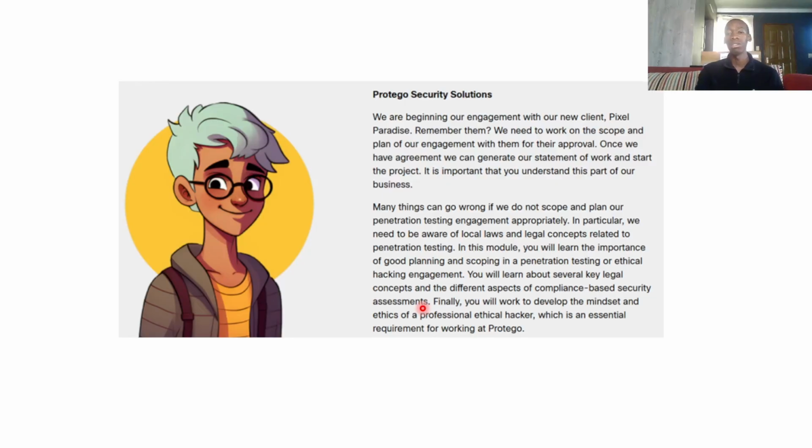So these are the things we've learned in chapter 3. I did mention previously that I've skipped the methodologies. We are here. But yes, we are moving on to now understanding how to develop the mindset and ethics of a professional hacker, okay? Because we need to have a proper mindset before we can even work with networks in certain companies. We need to have a proper mindset and allow ourselves to think in a proper way.